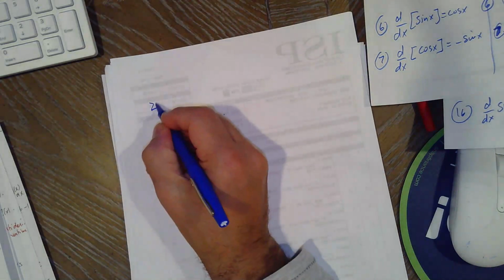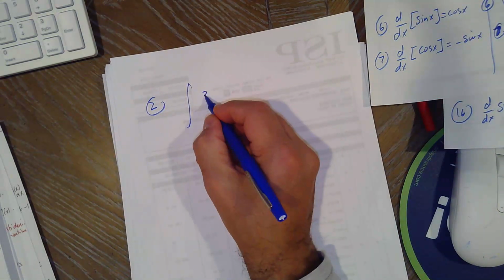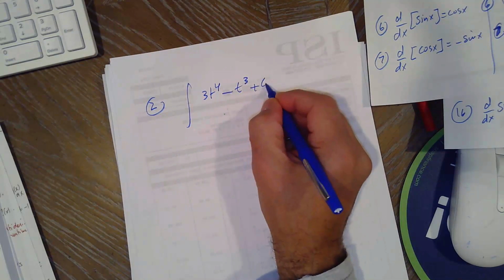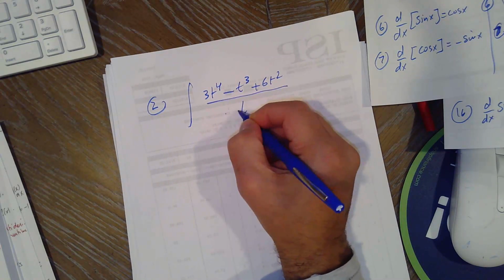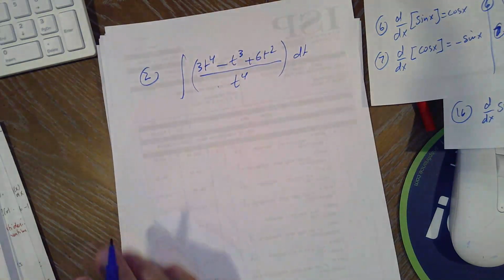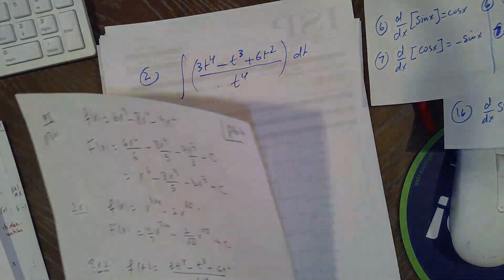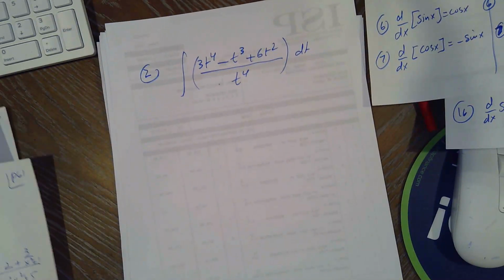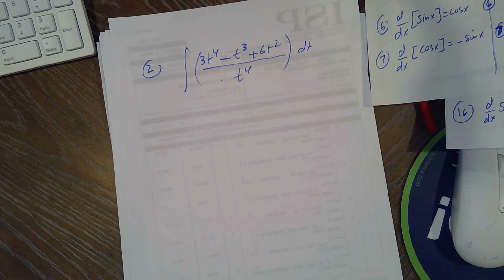Okay, another example, to find the antiderivative of 3t to the 4 minus t cubed plus 6t squared over t to the 4 dt. Now we know we don't have a quotient rule for antiderivatives, so we are going to have to get rid of that quotient.